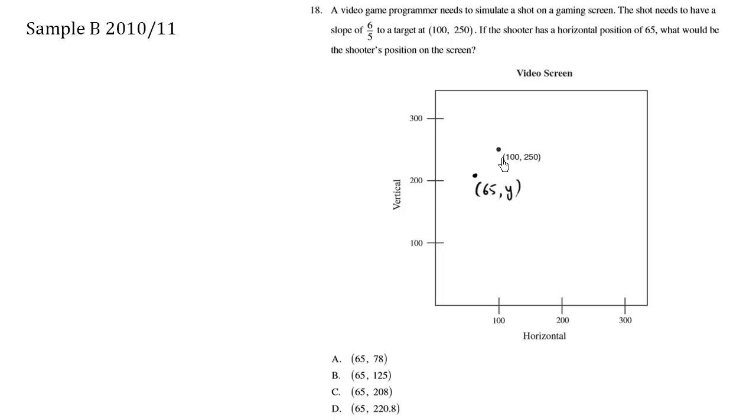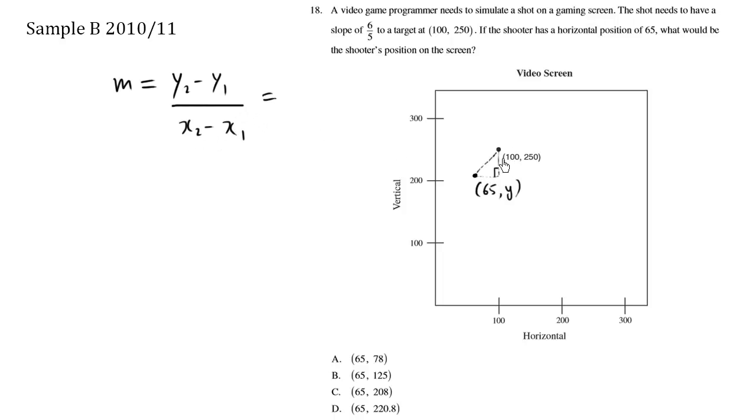Now what do we know here? We know that this here is going to be a line we're shooting, and we have a little right triangle formed here. We're trying to solve for y. We're given this slope, and we know the slope formula. Slope is equal to y2 minus y1 over x2 minus x1, the change in y over the change in x.